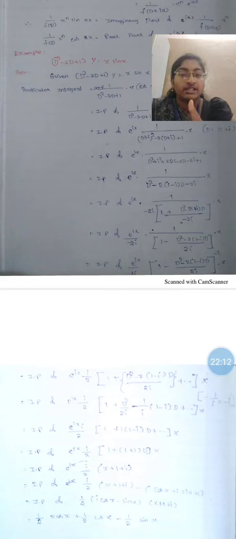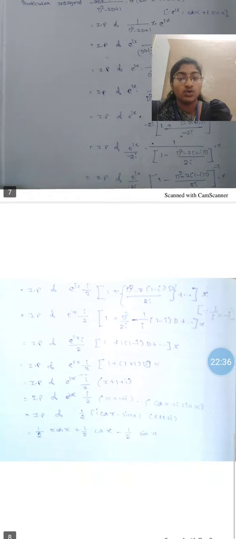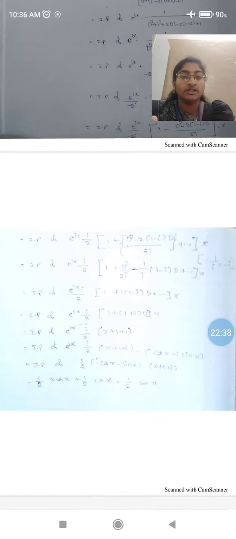Your first term becomes e power ix divided by minus 2i, and the next term is 1 divided by 1 minus (d square minus 2 of (1 plus i) into d) divided by 2i, into x. Bring this denominator into the numerator, it becomes the reciprocal, so the whole power is minus 1. Again expanding this minus 1 power, 1 plus (d square minus 2 of (1 plus i) into d) divided by 2i, plus so on. Again you simplify it and you get the equation.